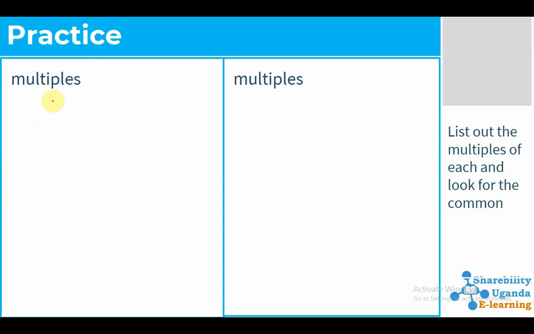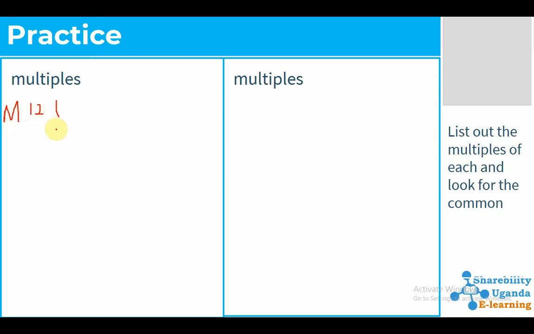Okay, someone has chosen. Me, I'm going to choose 12 as our given number. So I'm going to write a big M with a small 12, which implies multiples of 12.